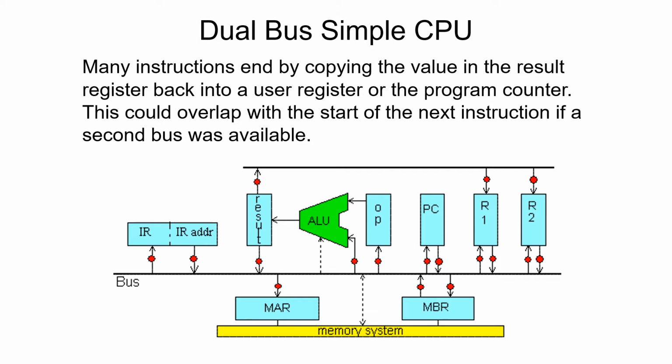If we had a second bus that connected the result register to the user registers, we could do them both at the same time. We could be copying the result out of the result register into R1 and at the same time copying the program counter into the memory address register. This overlapping is the concept of pipelining.